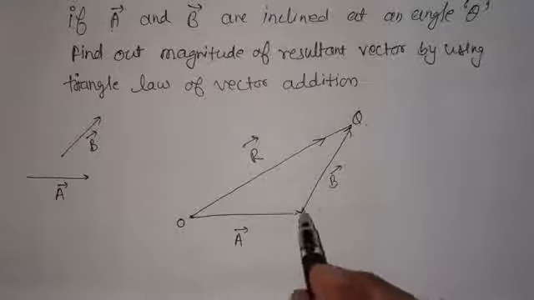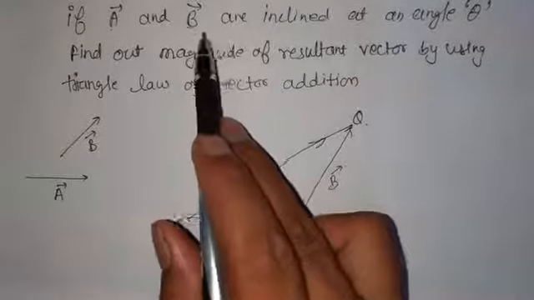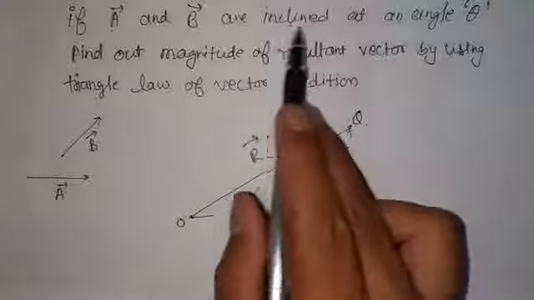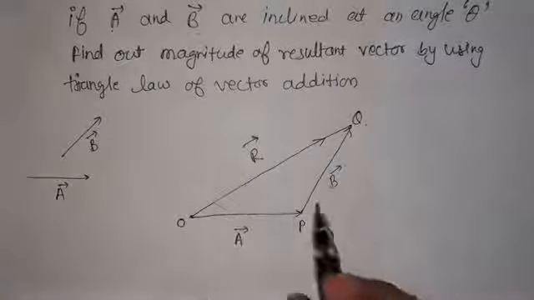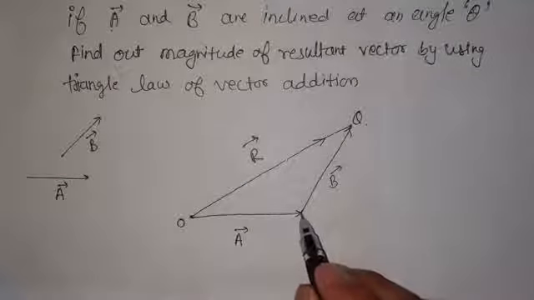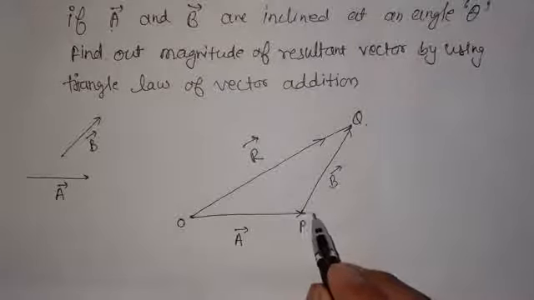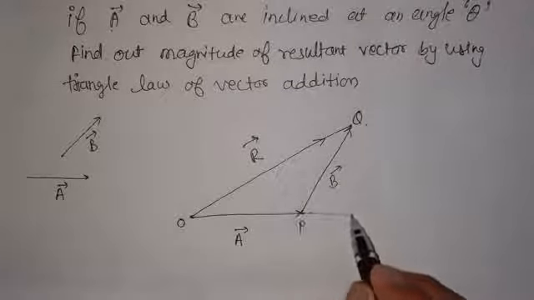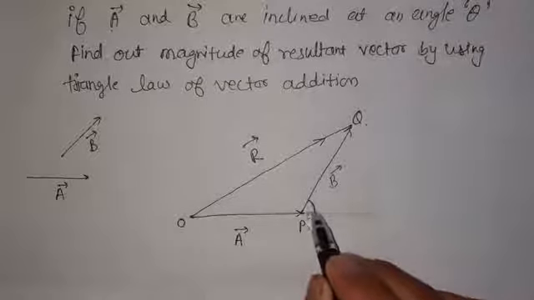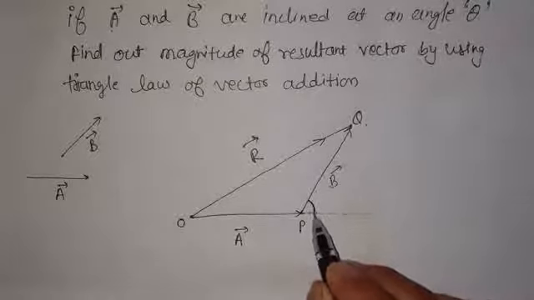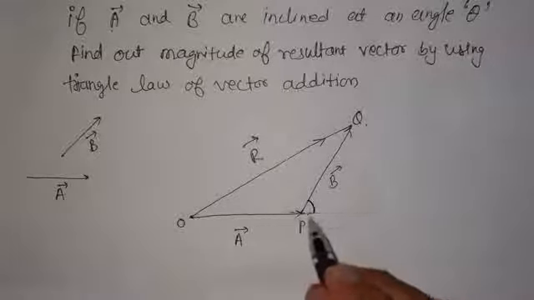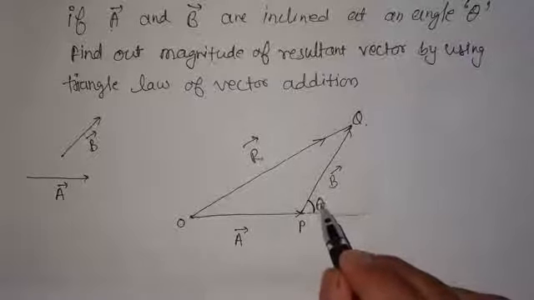Now it is said that these two vectors, A vector and B vector, are inclined at an angle to each other. So we trace this line further, and there is the angle between the two vectors. This angle is going to be theta.